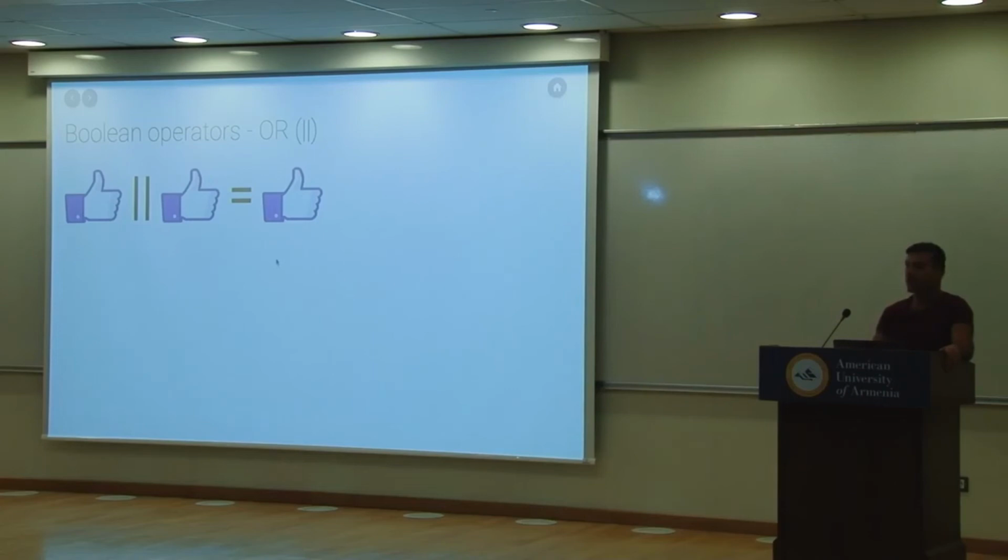What this is saying is, it's true as long as at least one of the two sides is true. Or both of them are true, that's also true. So the only time it's going to be false is if both sides are false. So, one side is true, so it's true. Both sides are false, only then is it false.